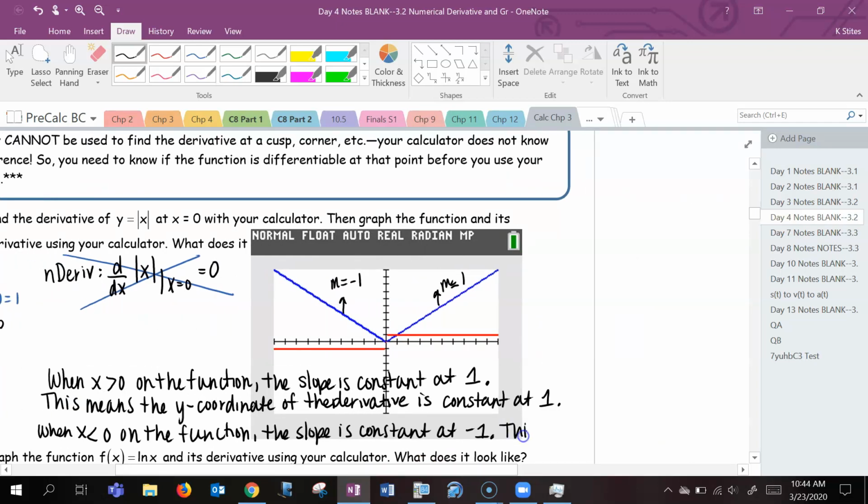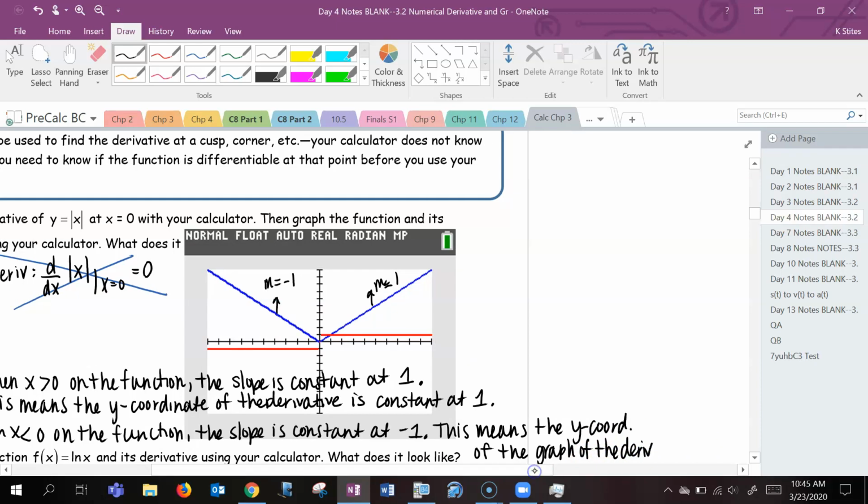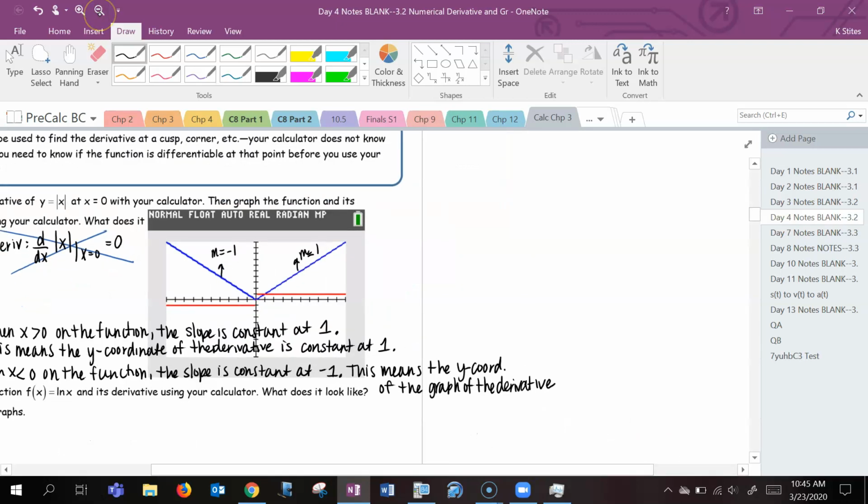And this means the y-coordinate of the derivative, of the graph of the derivative, I should say, is constant at -1. This is a lot of writing.